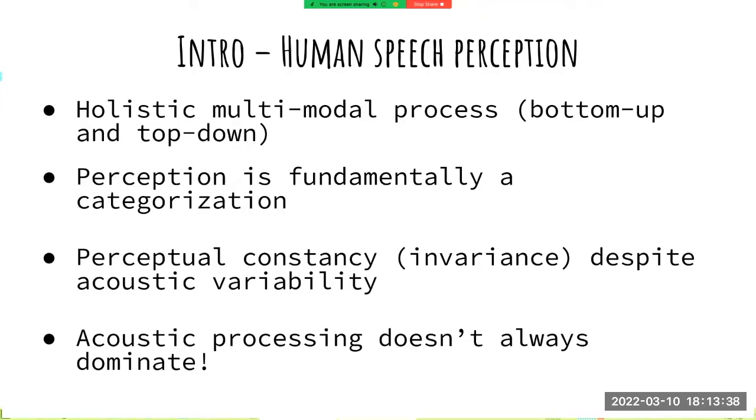And one interesting thing is that our perception is constant. For example, if the same word is said by the same person in different acoustic environments, in this room, in another room, outdoors, acoustically, if you look at the spectrogram, they are different.